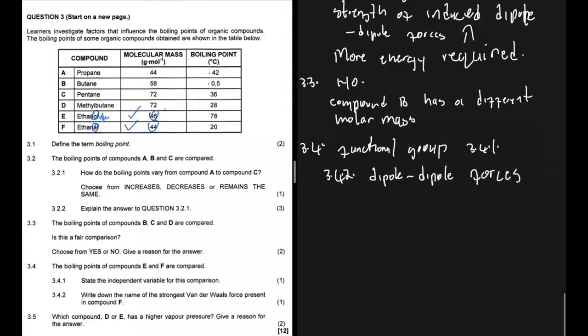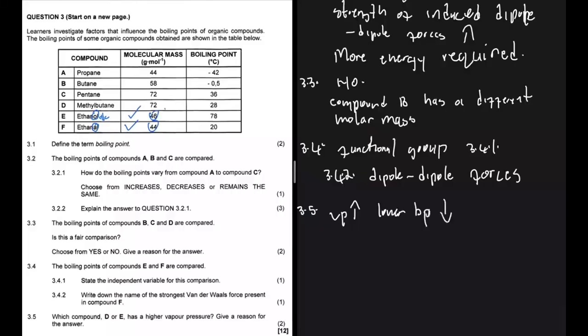And then 3.5 says which compound, D or E, has a higher vapor pressure. So the higher the VP, the lower the BP, BP being the boiling point, right?